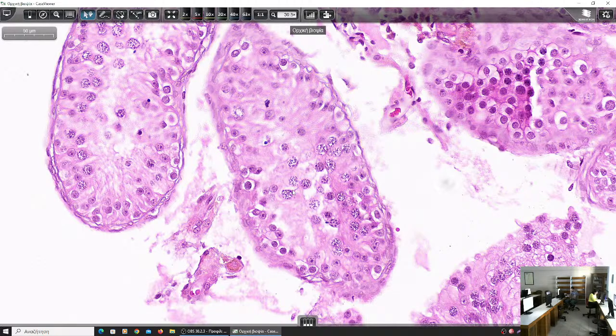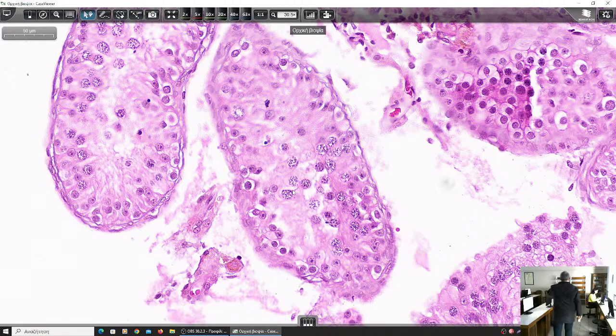So if you are able to identify mature spermatids, but the layers of the remaining germ cells are thinned, and there is a reduction in the number of germ cells, this is called hypospermatogenesis.